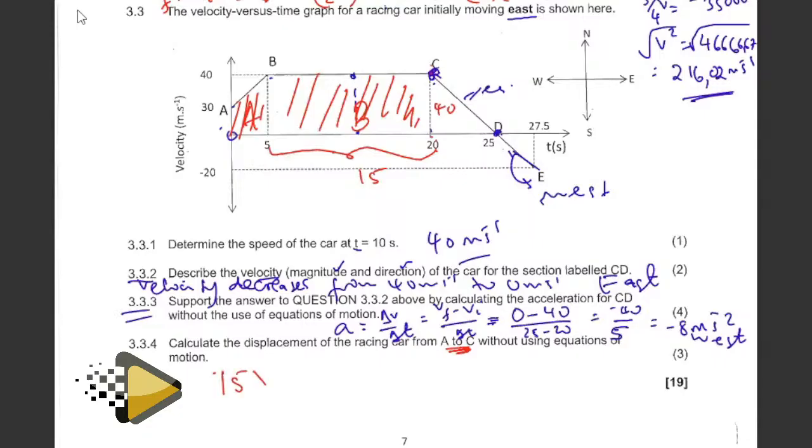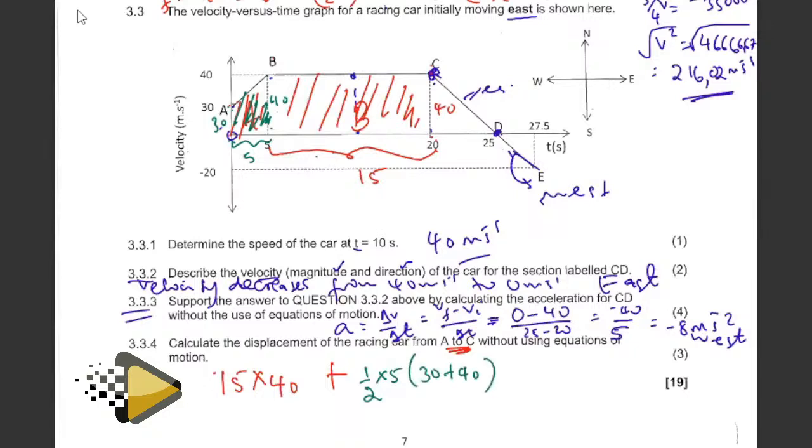It's going to be 15 times 40, plus, then I look at this A, B, and the 5, right? Which is a trapezium. So with this trapezium, I'll have my height as 5, my a as 30, then my b as 40. That's going to be a half multiplied by 5 into 30 plus 40.